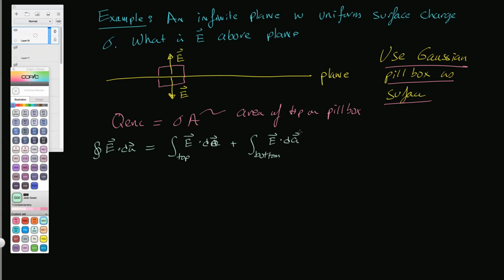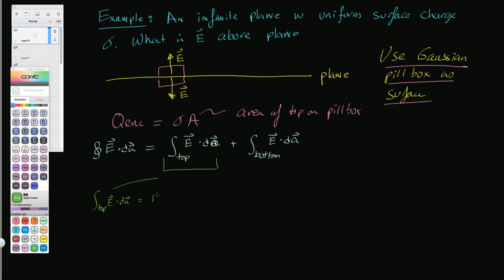Okay. Well, the top surface, let's do that one. The integral over the top surface: I can pull E out, since E and dA are in the same direction. I can pull E out because by symmetry, it's constant everywhere on that surface.